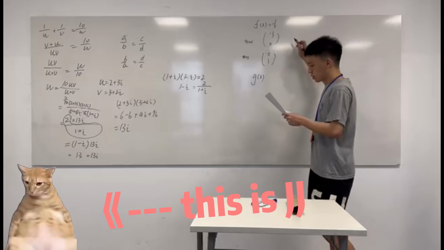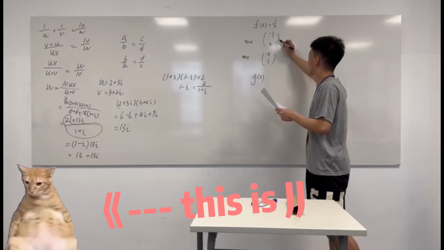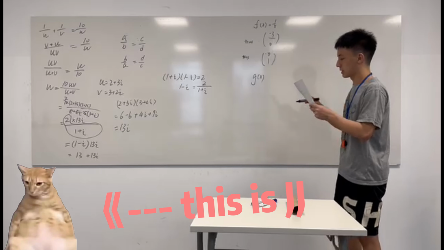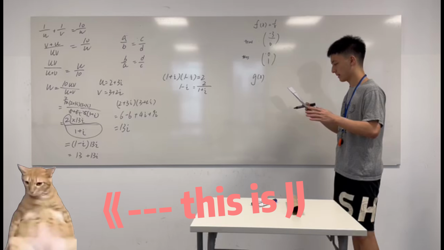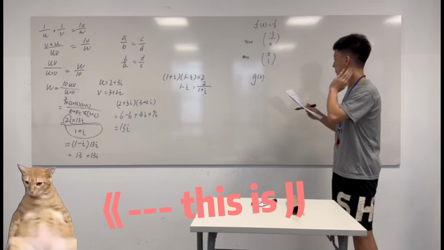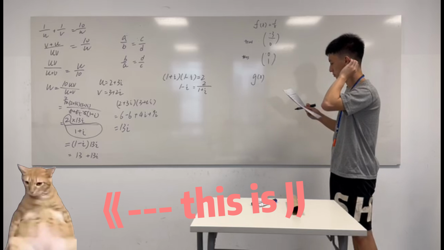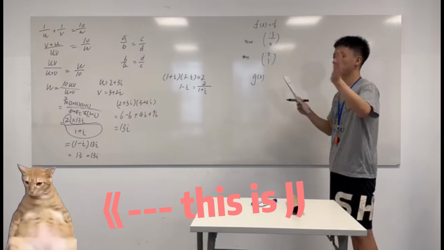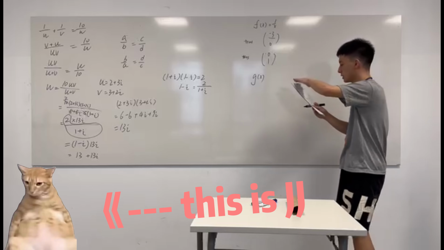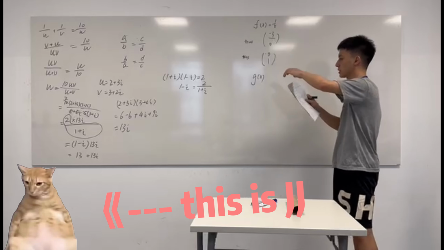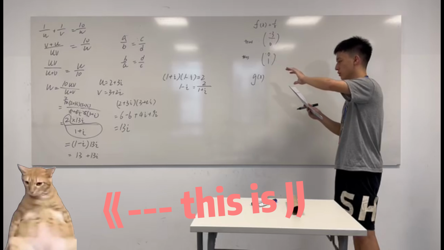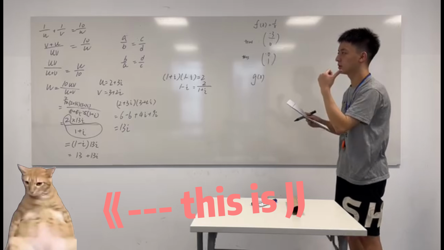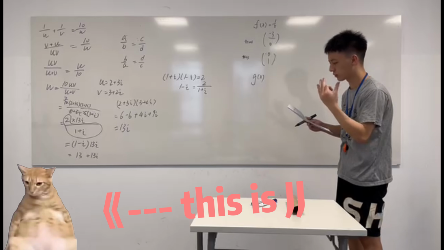So the first translation is a horizontal translation, and because it's -3, it means we have to translate the graph to the left by 3 units, right?